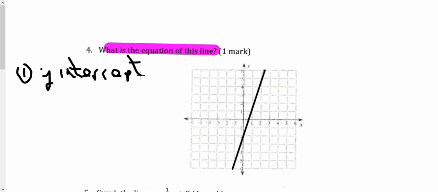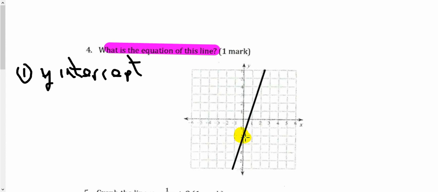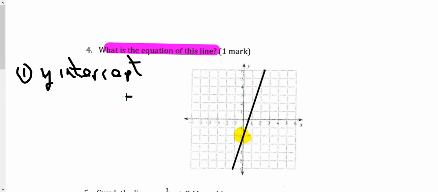Now, what is that? That means where does it cut through my y-axis? Boom, right there. So my y-intercept is negative 2.